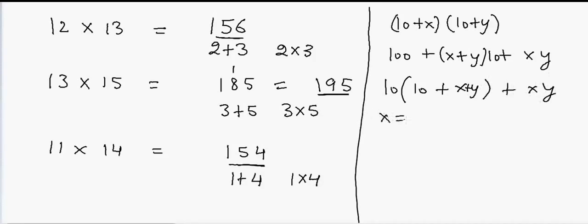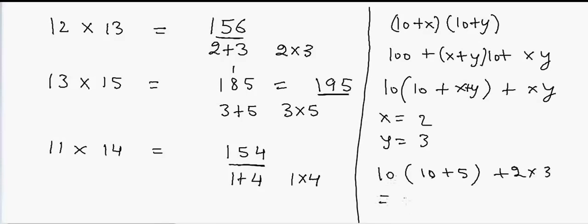So if x is equal to 2 and y is equal to 3, you can see it will be equal to 10 into 5 plus 2 into 3. So that will give me 15 and then 6. So it will go to the 10th place. That's how this trick works.